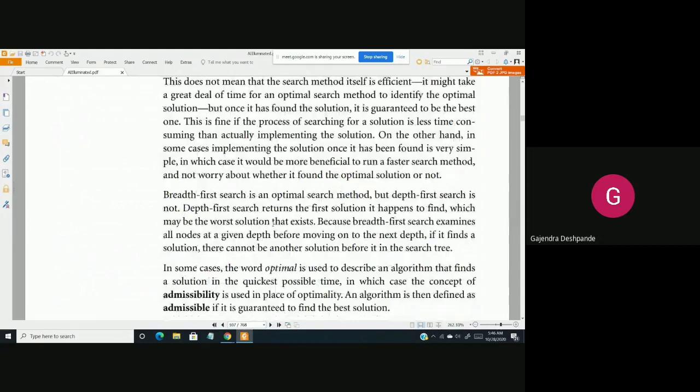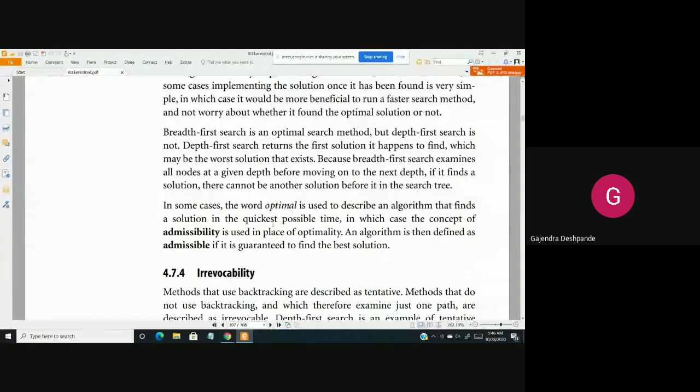So as I have said, in many cases, the word optimal is used to describe an algorithm that finds a solution in the quickest possible time, in which case the concept of admissibility is used in place of optimality. An algorithm is then defined as admissible if it is guaranteed to find the best solution.